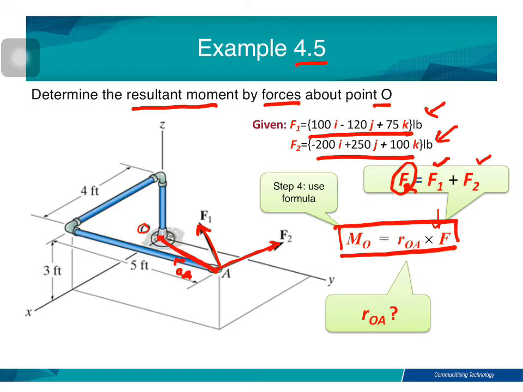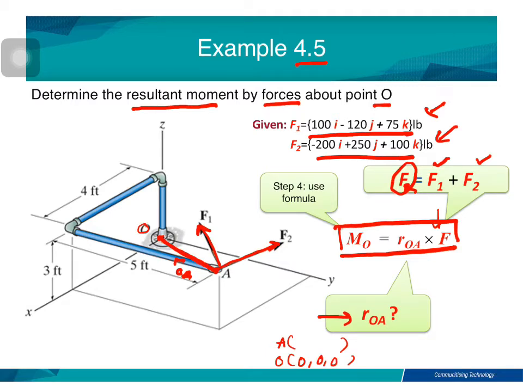Okay. So now, how to get this position ROA? We need to get the coordinate for A here, and then the coordinate for O. Let's say here O is 0I, 0J and 0K. So what is A here?